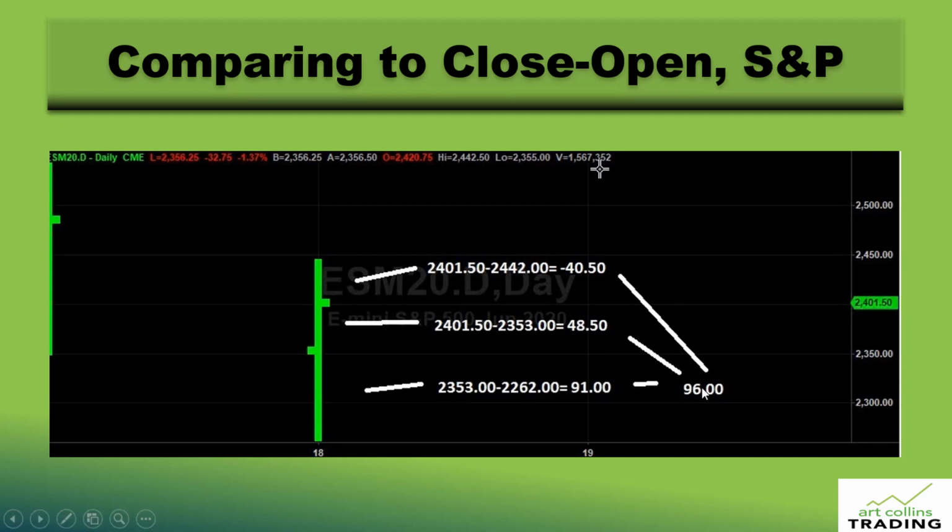Add the three numbers together, we got 96. Divide it by 3, 32. And we compare that to the open to close value of 48.50. So that's negative. We should be a short seller the next day.